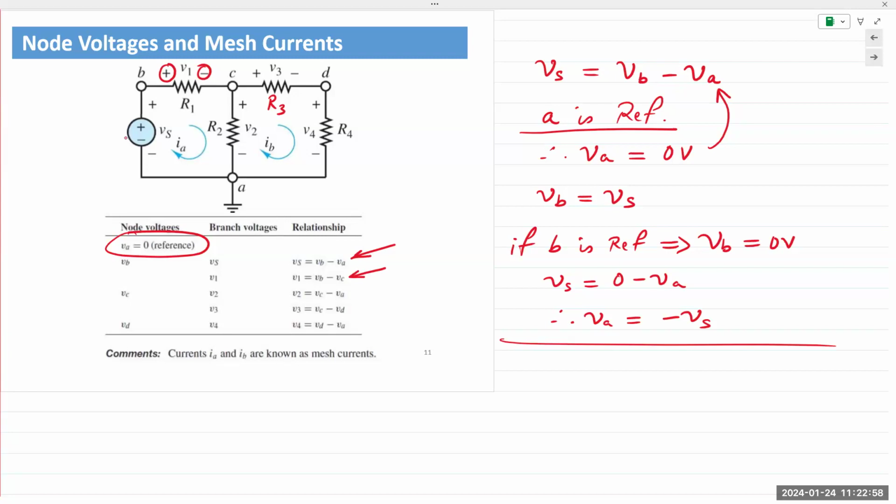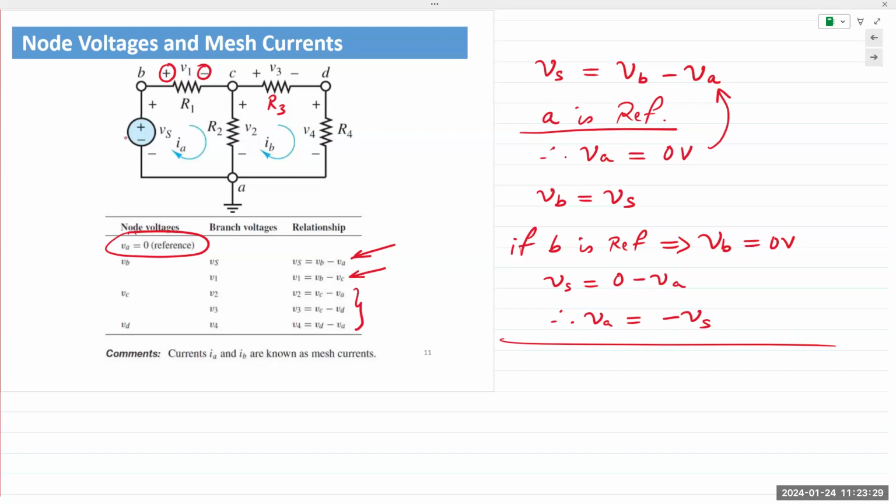The voltage polarity for V1 is plus on the left, minus on the right, meaning VB is higher than VC. And so when I express V1 in terms of the node voltages, I write V1 is equal to VB minus VC and not VC minus VB. And so on and so forth for all the other resistors in the circuit, V2, V3, and V4.